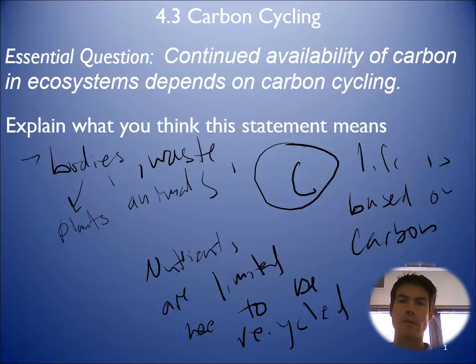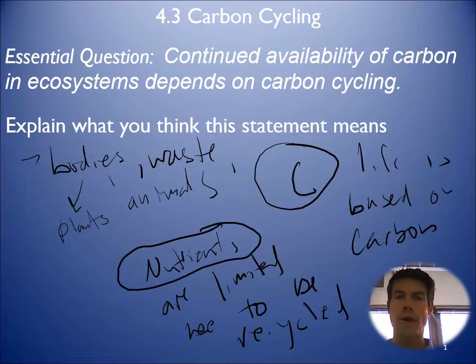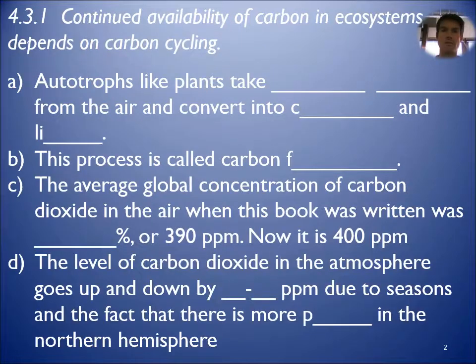Okay, and remember, light we continually get, but nutrients, what we have on Earth is what we have, and carbon is the main nutrient that life needs in order to survive. So, autotrophs, plants, we know they take carbon dioxide from the air and convert it into one of the main molecules that we need, carbohydrates.